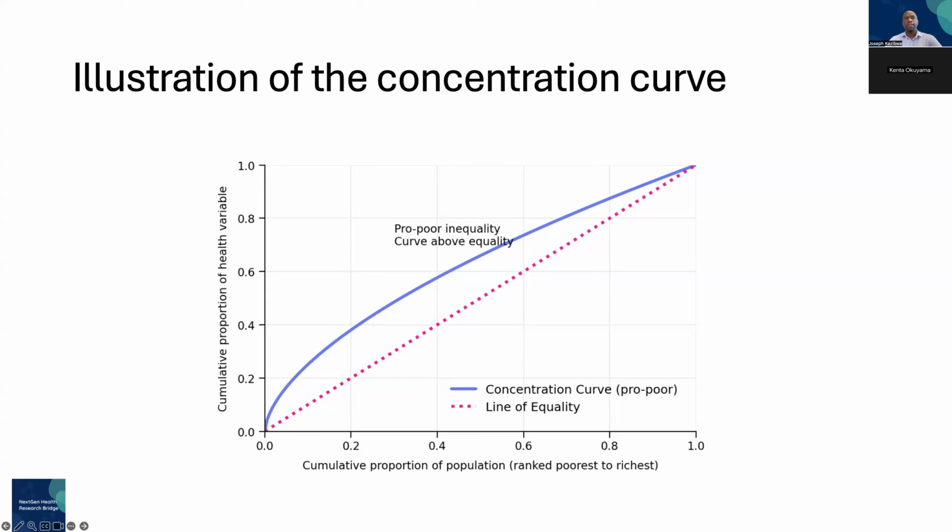Whereas when the concentration curve is above the line of equality, for example, as indicated in the projected image, then it means that the inequality is pro-poor. This means that the poor people are getting more of that which is on the y-axis.